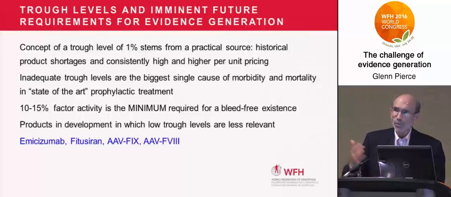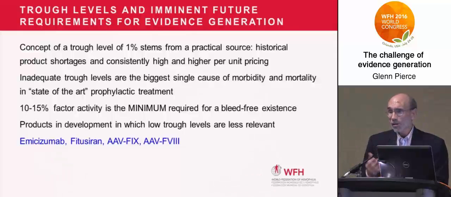There was never enough product to be able to think of anything other than a 1% trough. And the second was the burden of treatment, frequent intravenous injections. But the third, and perhaps the most important one, was price. It would cost considerably more to set a trough of 2% than it would a trough of 1%.